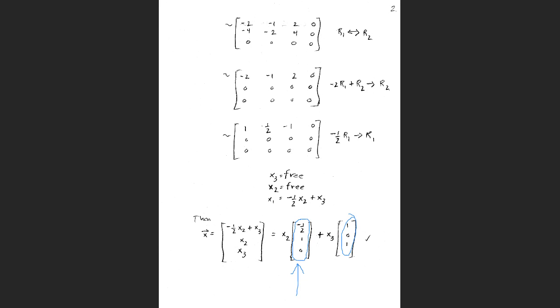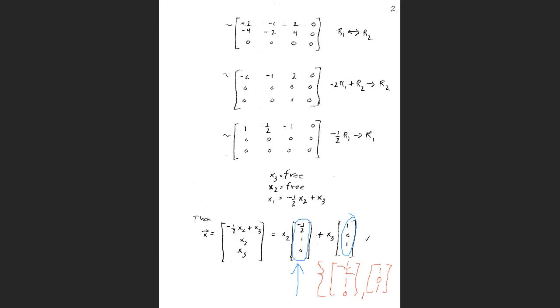Here's what I'm trying to say. Hold on. Yeah, negative 1, 2, 0. Right. So in other words, a basis for your eigenspace, you have negative 1 half, 1, 0, and 1, 0, 1.